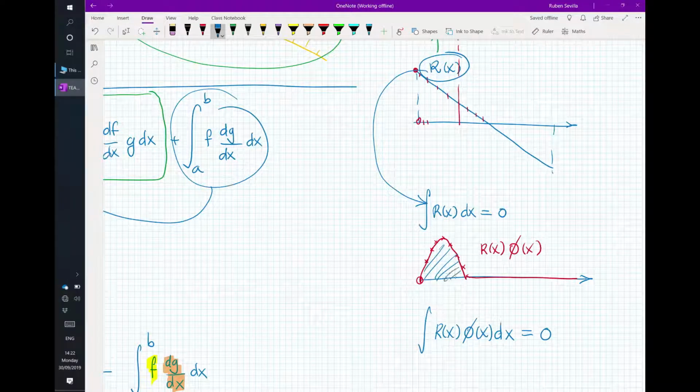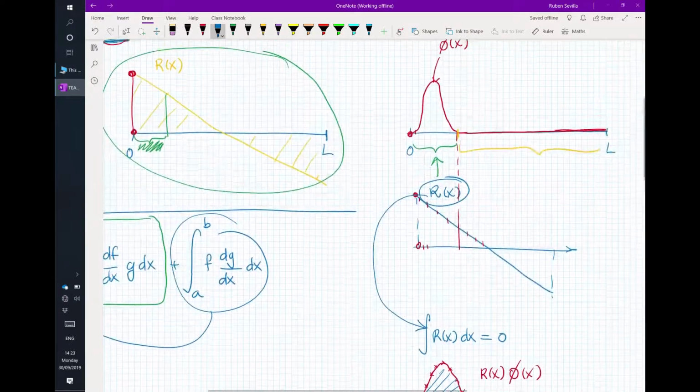This is far from being 0, which is what you are asking with an integral. You are asking for an area to be 0, right? So by weighting, by using these test functions, this is what you're doing. You are asking for the residual to be 0 in all the domain, window by window, area by area, right?